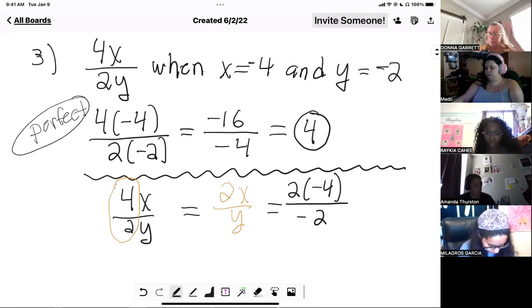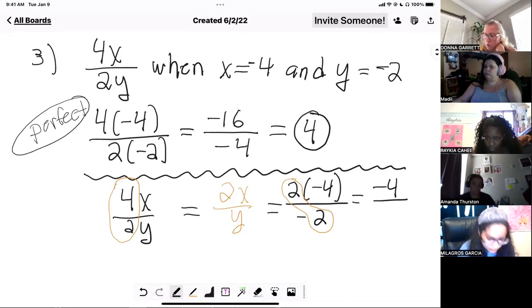But then I can simplify again. So this becomes -4 over 2 divided by 2 is 1, but I have a -1 on the bottom. And then that would also be 4.